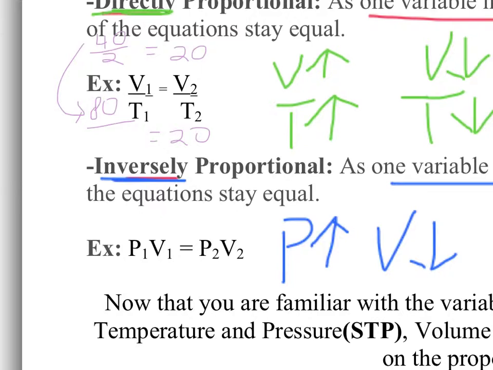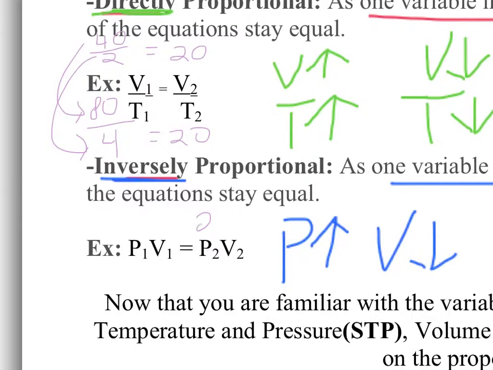It goes to 4. So as my volume went up, what happened to my temperature? It also went up, right? These are just made up numbers. If you ever need to analyze an equation, see if it's inverse or direct, make up some numbers. See what happens.